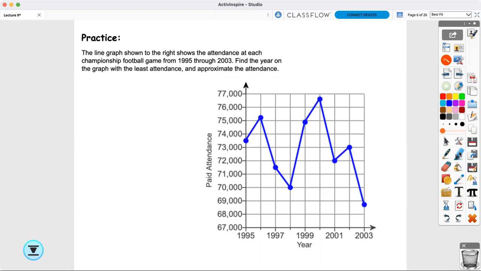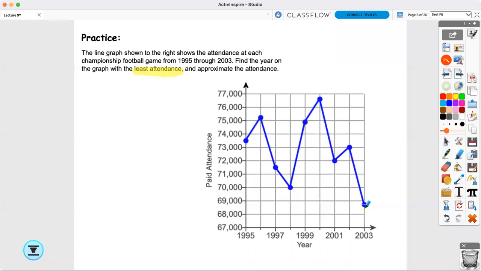So when they want us to find the least attendance, guys, what does that mean in terms of the graph wise? What are we looking for the least attendance? If you have read this problem, what would be your mindset? The lowest point. Can anyone tell me from their vision where they see the lowest point in this graph? 2003.